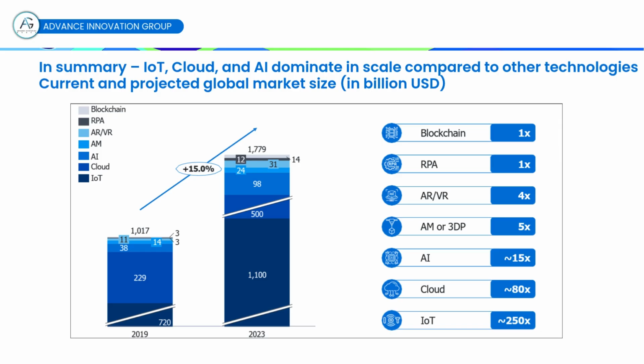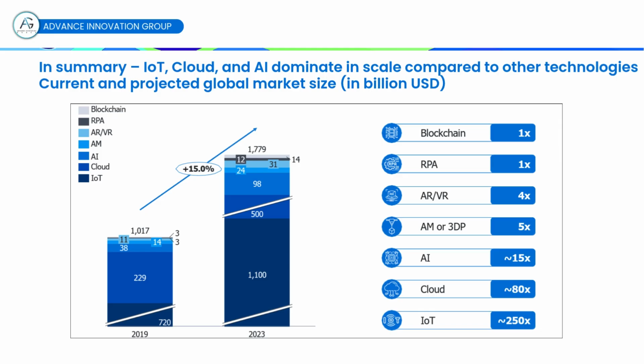Cloud computing also saw major growth, rising from 229 billion to 500 billion US dollars. AI grew from 38 billion to 98 billion US dollars in the same period. Other technologies such as additive manufacturing, AM, AR/VR, RPA, and blockchain showed growth too, but at a much smaller scale.